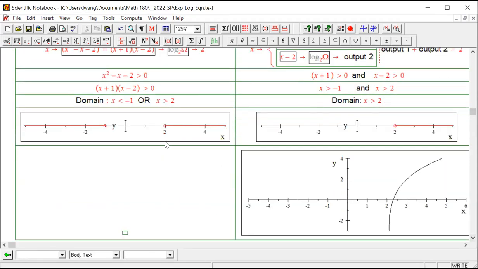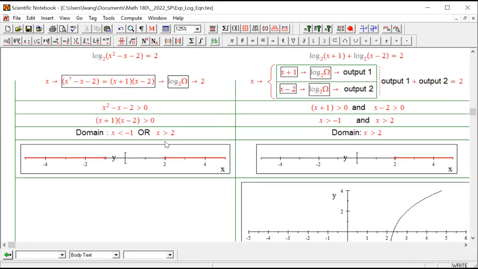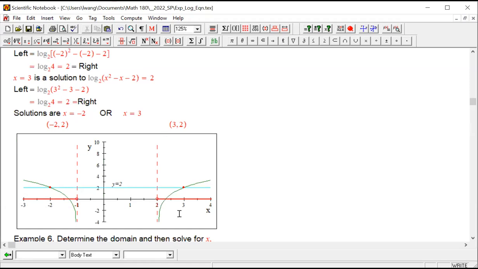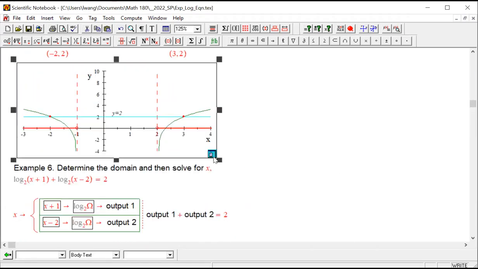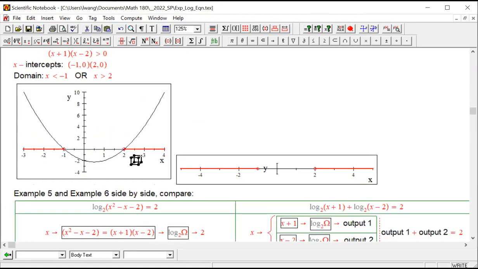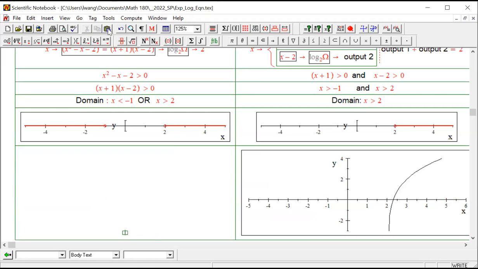And what is the graph for number 5? We have that curve, didn't we? So let's bring it back. That's the green piece.